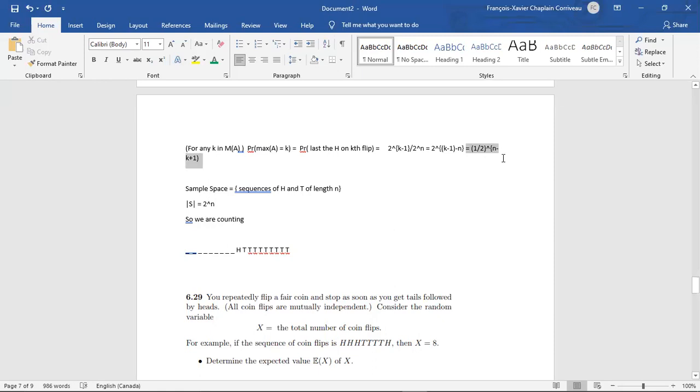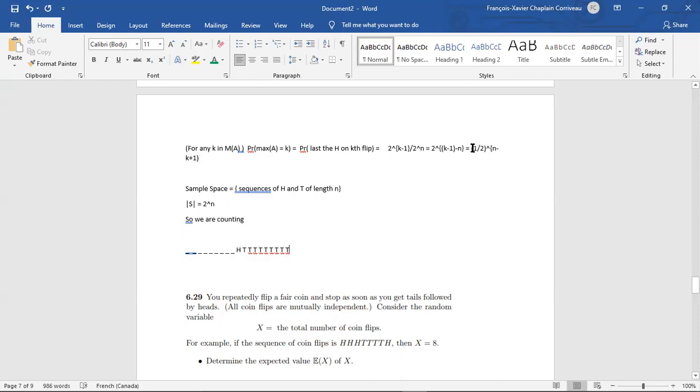So if you don't like this part, there's another way to argue this. I personally prefer this way, but you could also have gotten this directly. And again, it all comes down to this drawing here. This is element K. This is position K. So at position K, I got a head, and everything after, I got tails.